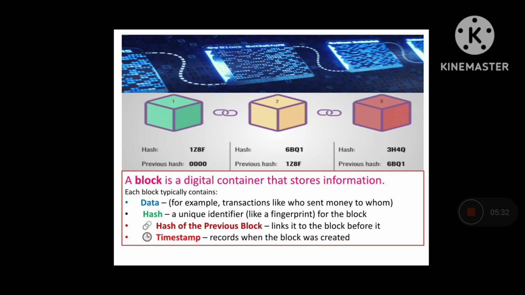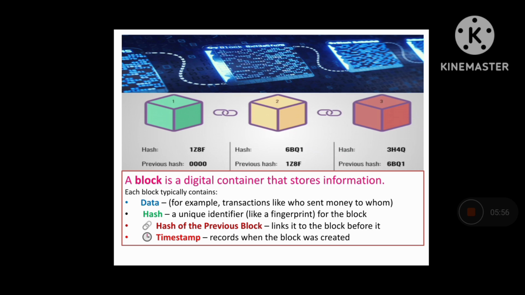Each block consists of one unique identification, like a hash, and it also contains information about the previous block, how it is connected, and some security, that is a timestamp: when it is created, where it is created, and the digital signature.